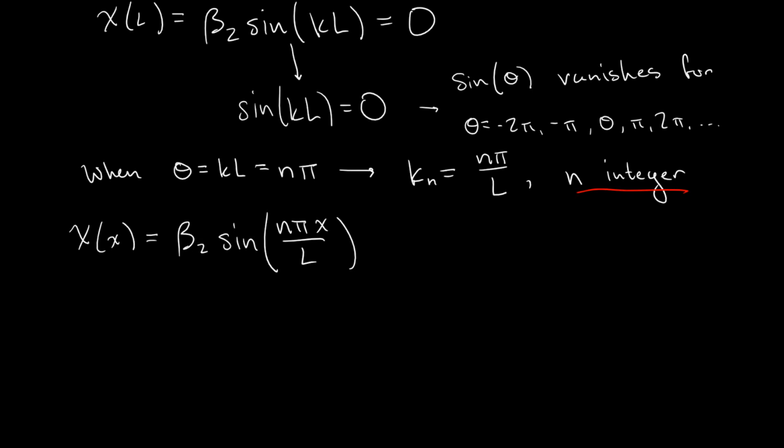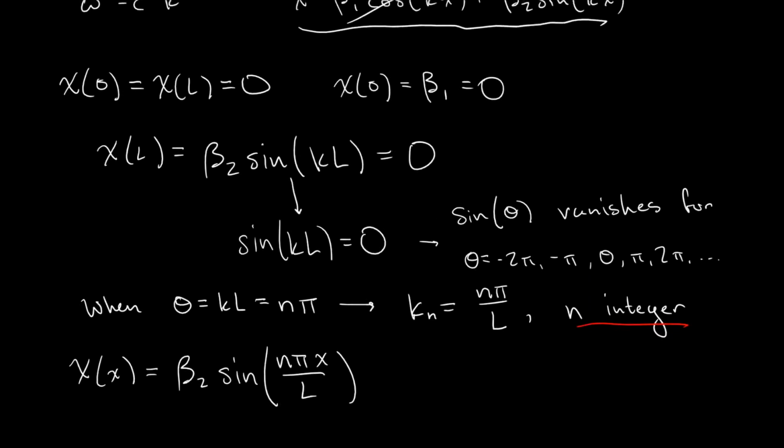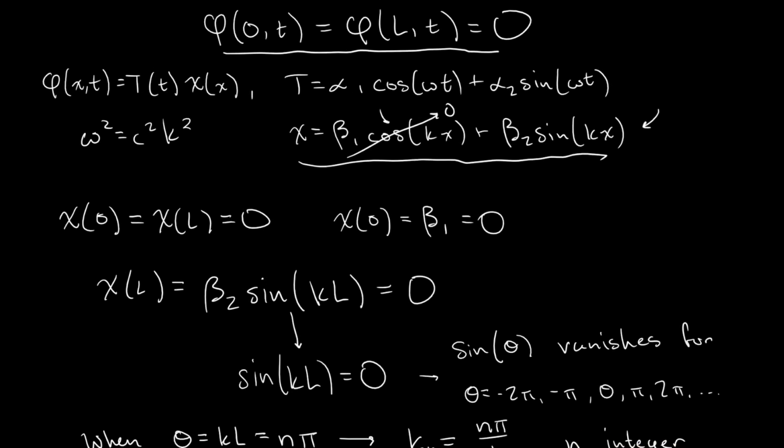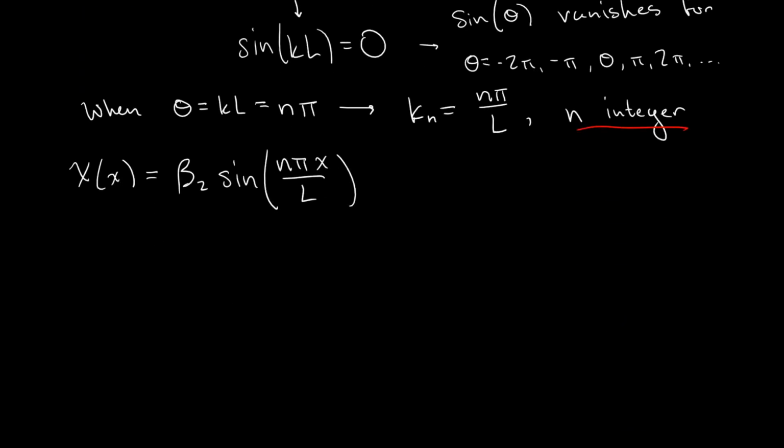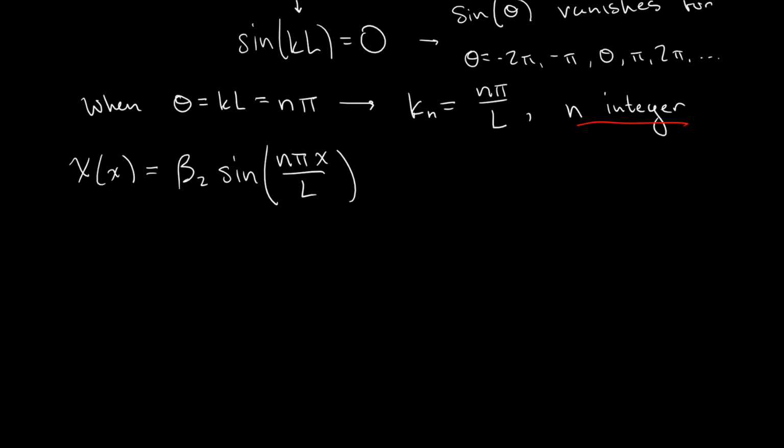Okay, so now we can't forget that we have a dispersion relation. Not only did we find a relation for k, we also found a relation for omega. So we know that omega squared, I'll say omega sub n squared, is equal to c squared times k sub n squared, which of course is c squared n squared pi squared over L squared.